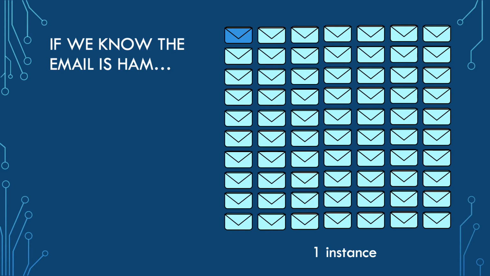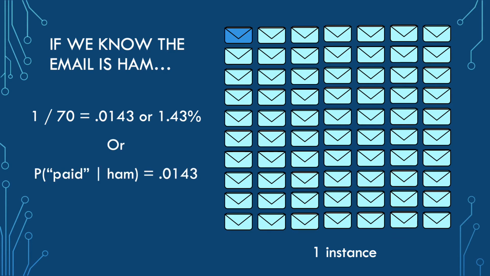Likewise, if we know that the email is ham, the probability that it contains the word paid is 1 divided by 70, or 0.0143 or 1.43%. And in probability terms, the probability of paid, given that we know that it is a ham email, is 0.0143.